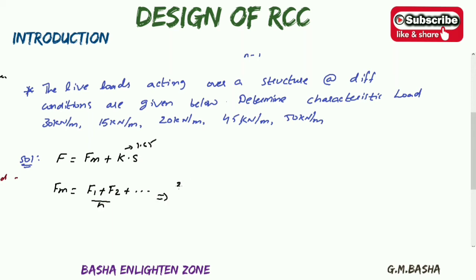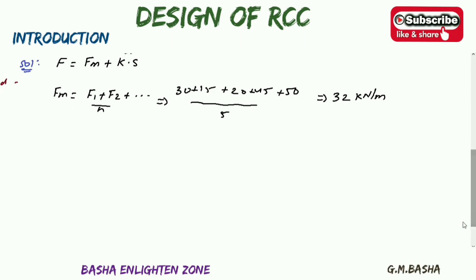The given loads are 30 plus 15, 20 plus 45 plus 50. So total number is equal to 5 here. If you simplify directly, you will get approximately 32 kilonewton per meter.